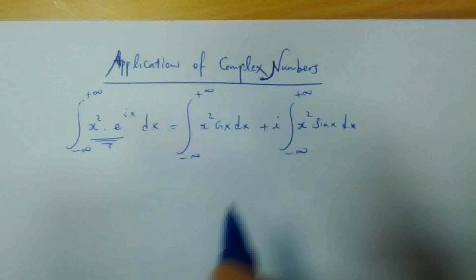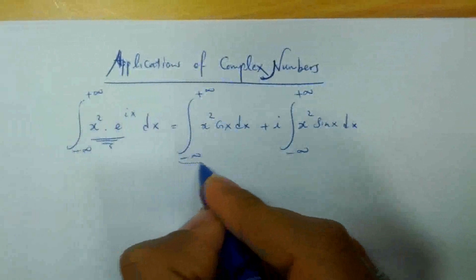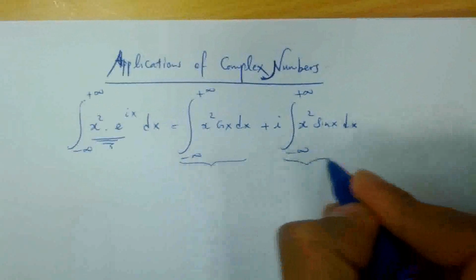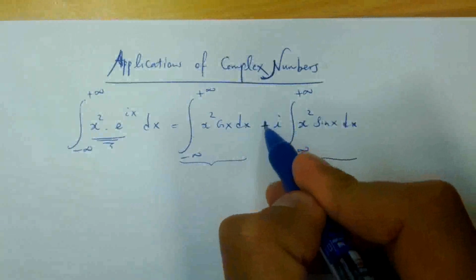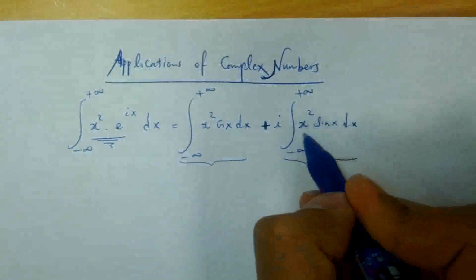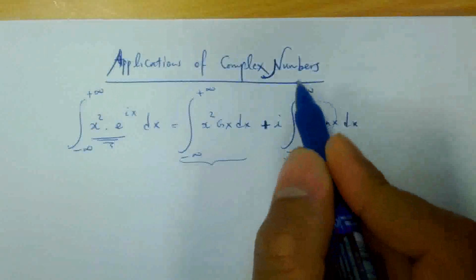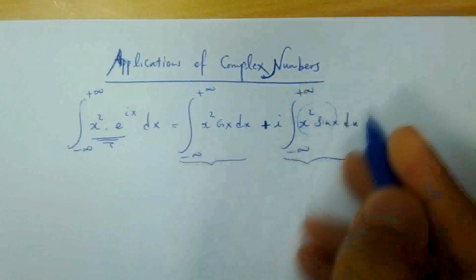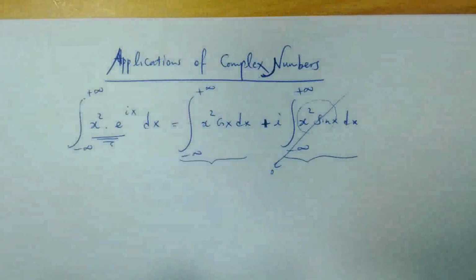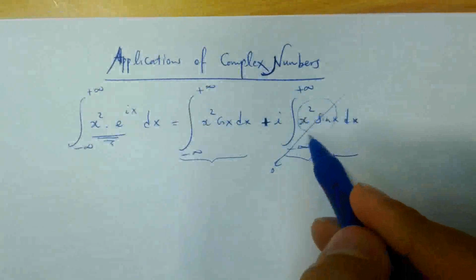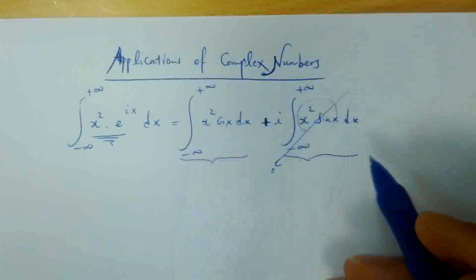So I've decomposed this integral into a real part and an imaginary part, and we can see here that this function is odd and the limits of the integral are symmetrical around 0. So this integral is 0, because the integral of an odd function with limits symmetrical around 0 is 0.